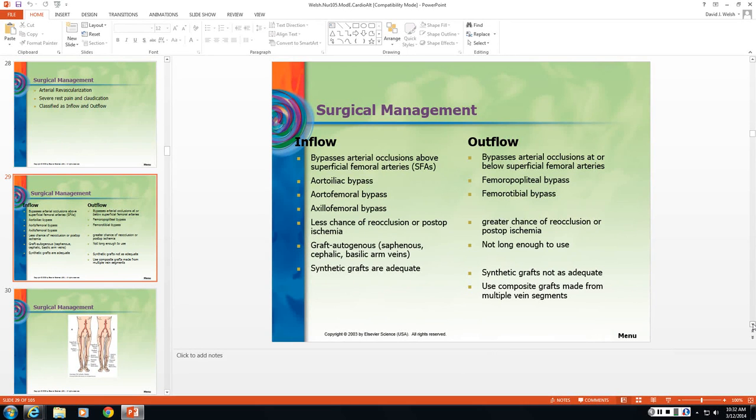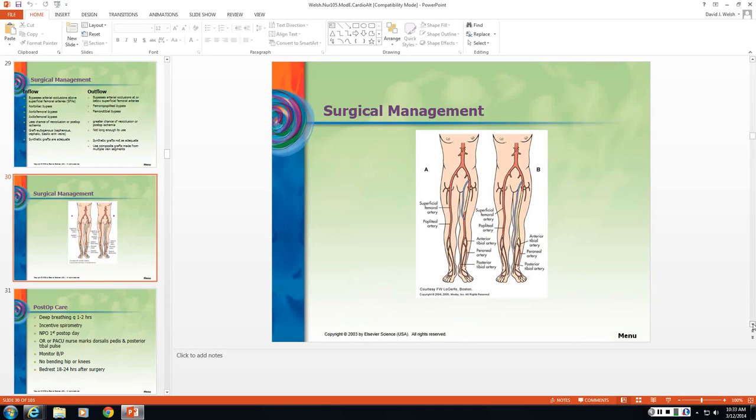A lot of these veins are not long enough to use, so they have to use synthetic grafts, and usually these aren't as adequate as using the patient's own body. A lot of times they have to use composite grafts made from multiple vein segments. This shows you a diagram of what these look like, the different areas.